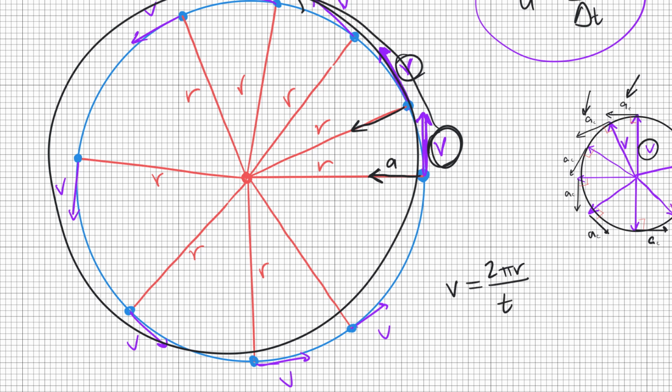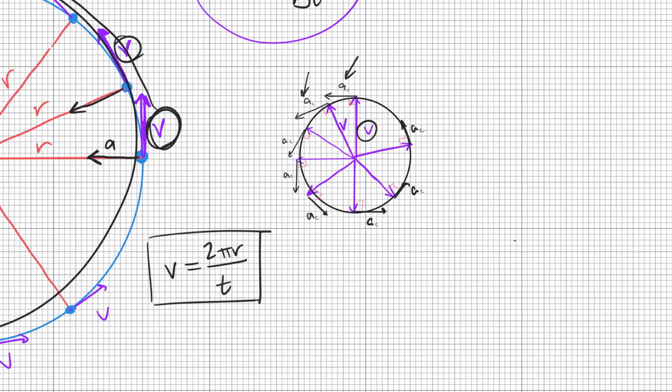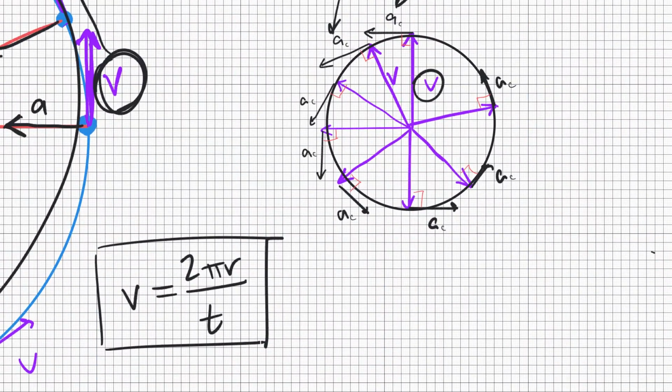I'm going to use the exact same logic on the right-hand circle: the a_c, that's the rate I'm going around that circle, equals the distance around this circle, which is 2 pi times the radius, but the radius of this circle is v. Then I divide by the same amount of time it takes to go around that circle.